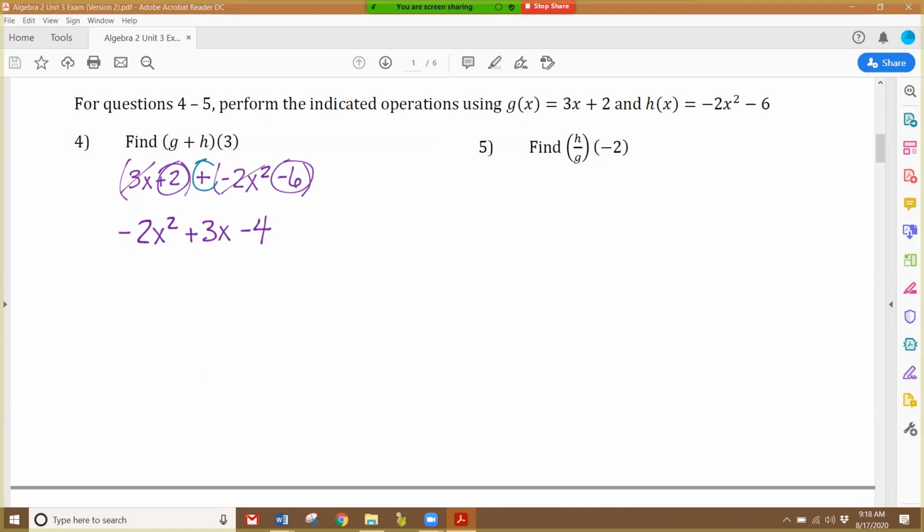So this is g plus h, but now we have to take into consideration this 3 right here. What that means is we're going to take out these 2 x's and replace them with 3's. So negative 2 times 3 squared plus 3 times 3 minus 4. So we've taken those x's out and replaced them with the 3 that we were given in the prompt.